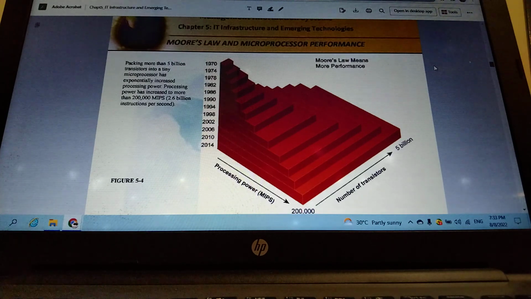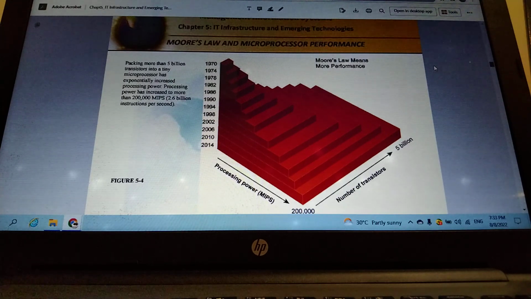In the next slide, what you can see is the data they have provided to us from 1970 until 2014: processing power in terms of MIPS, which means millions of instructions per second that the processor or microchip is capable of processing in a second, versus the number of transistors.